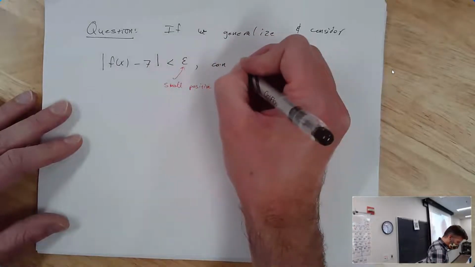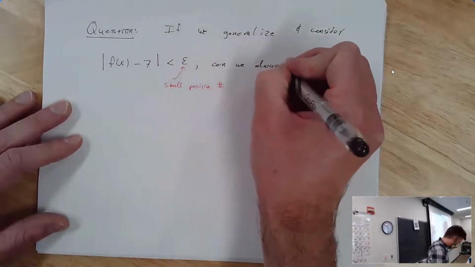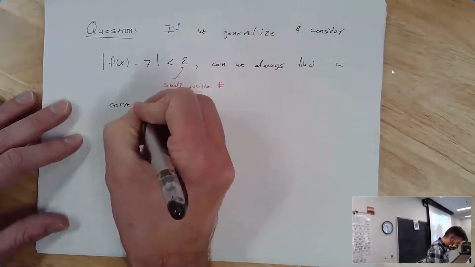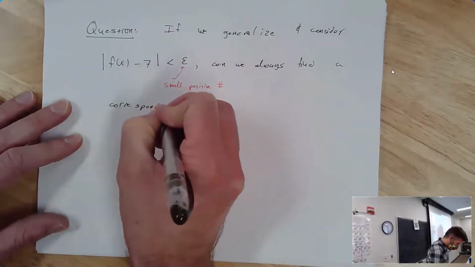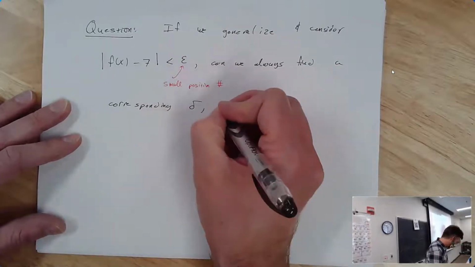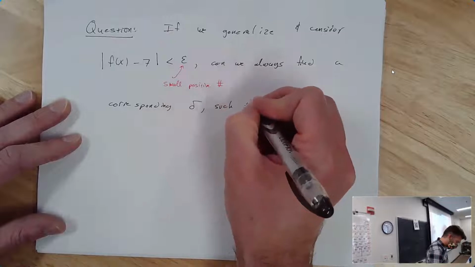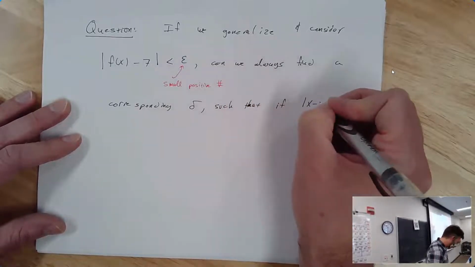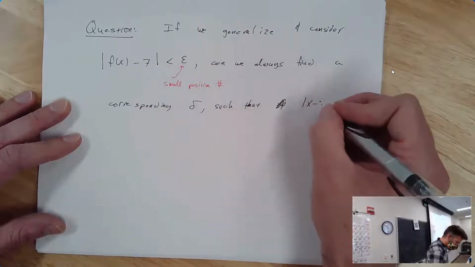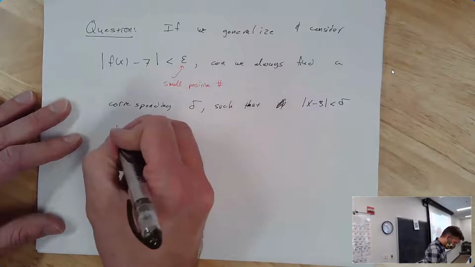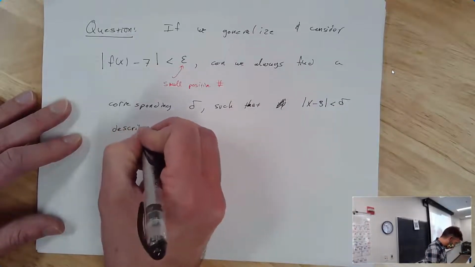Can we always find a corresponding number, delta, which is also positive, such that x minus 2 being less than delta describes the same part of the graph?